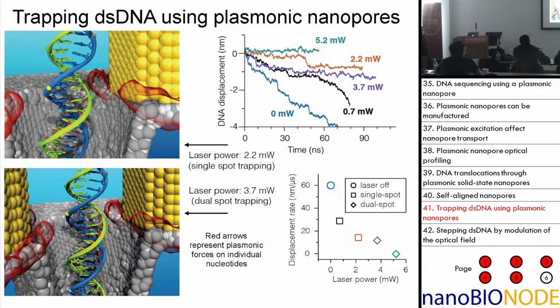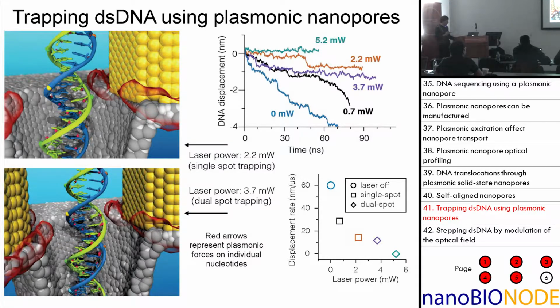So in this case, the DNA is trapped by a single hotspot, and we can repeat this simulation. We always have the same driving bias. The only thing we change is the laser power. If we increase laser power above a certain threshold, we apply enough field to deform the DNA and make this kind of a knot here.